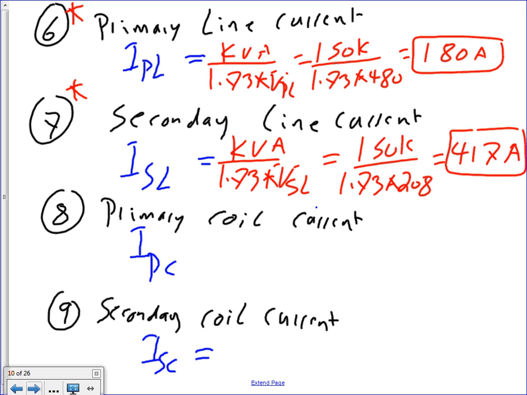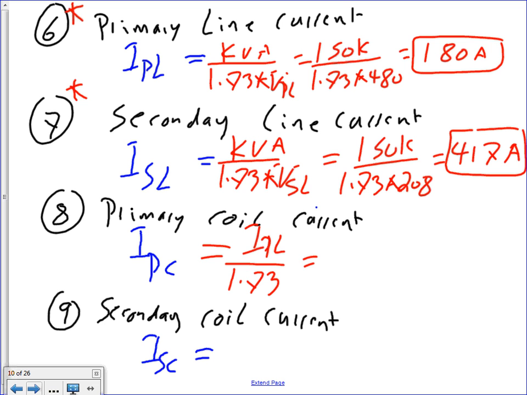Okay, I wrote the formulas here for you. Primary coil current: do you guys remember the primary is a delta? If it's a delta, the coil current is less than the line current. So you take the line and divide it by 1.73. The coil I primary equals I primary line divided by 1.73.